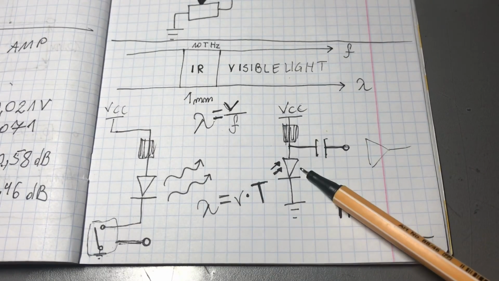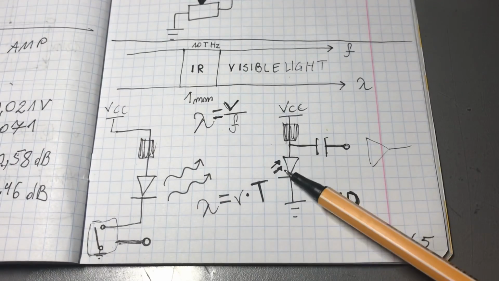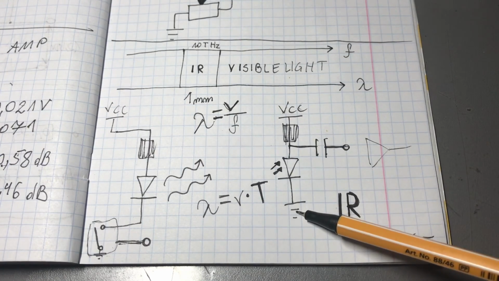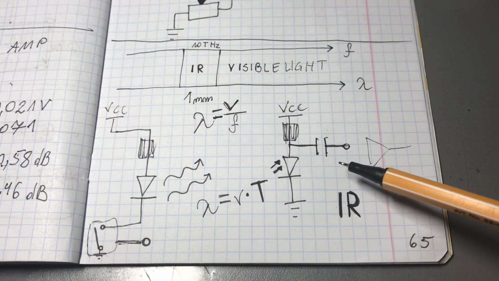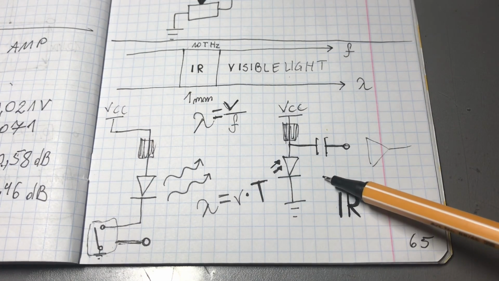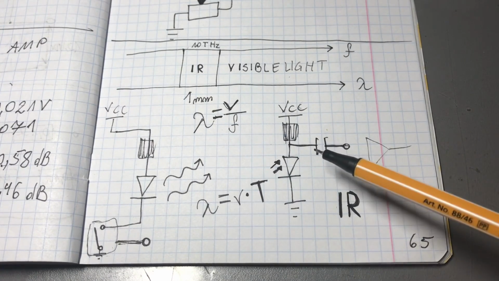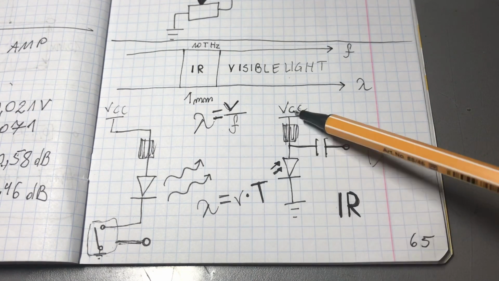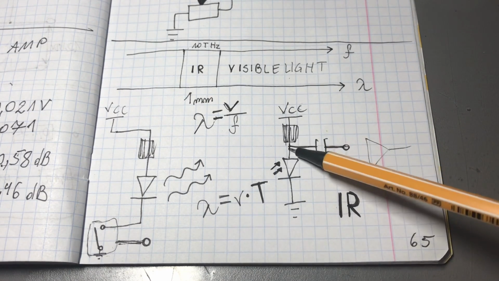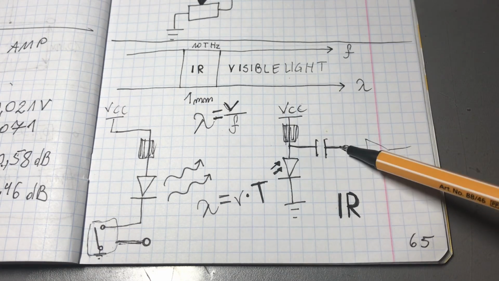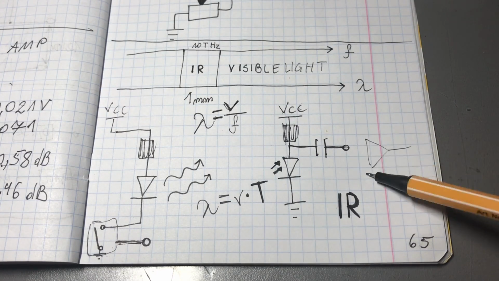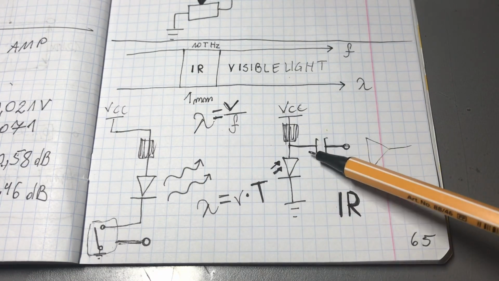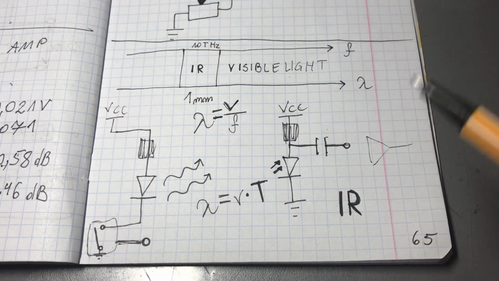We connect the power to the receiver LED, and the receiver LED connects our power to ground every time it receives more or less infrared light. When it connects to ground, it lets the electricity flow through, so the more electricity flows through here and through the cap to remove the DC, and then we can amplify this current that flows through this little resistor and then to the ground. And that's mainly everything that you should know.